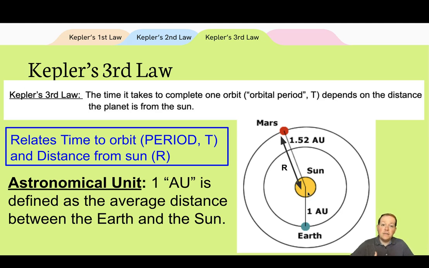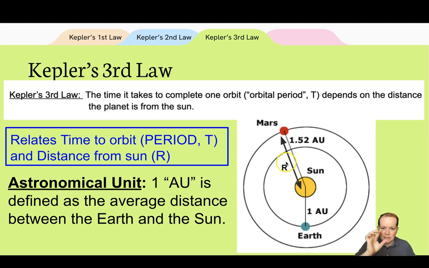So one thing astronomers did was make up a whole new way to measure distance. They said, let's just call the distance from sun to Earth 1, and they call that an astronomical unit. Not the most important thing, just something you might see. It represents a distance, and it's a way for us to not have to deal with numbers that are always in the millions or billions, because what we usually measure with grams and centimeters is teeny tiny in the universe.